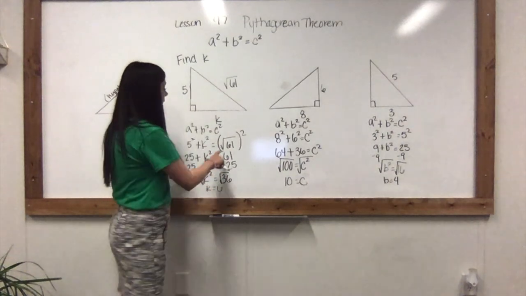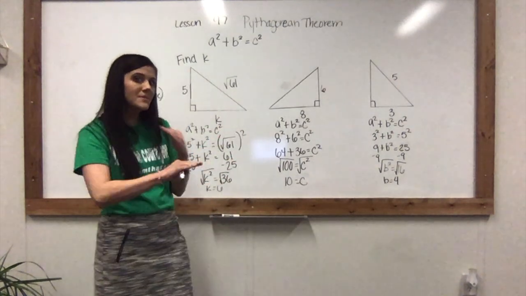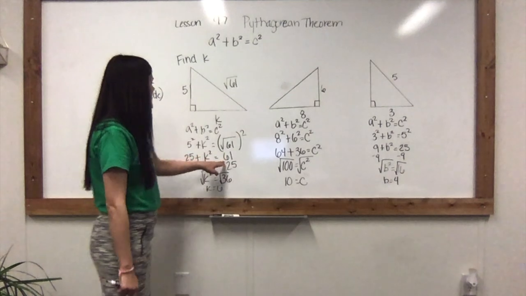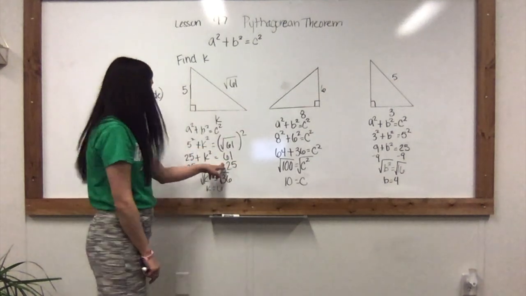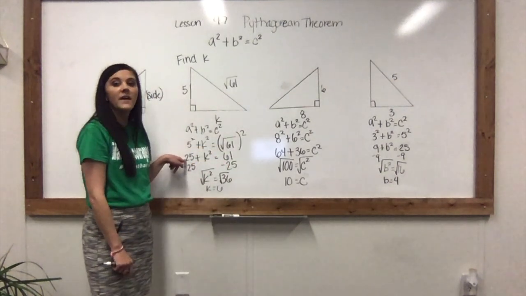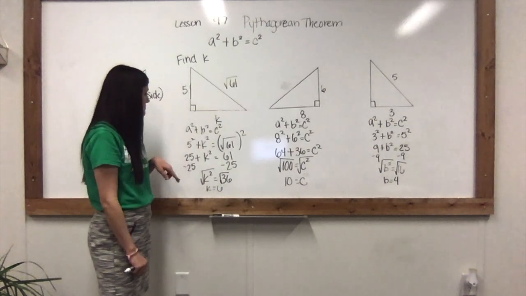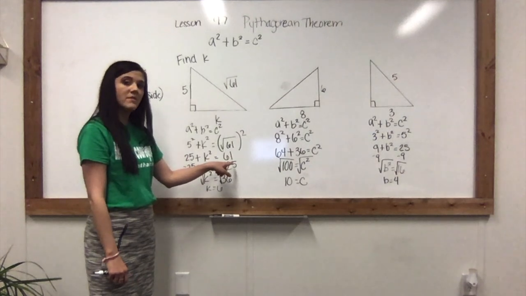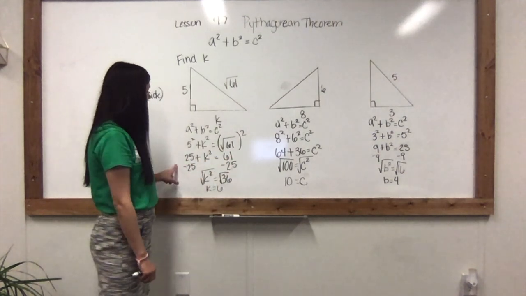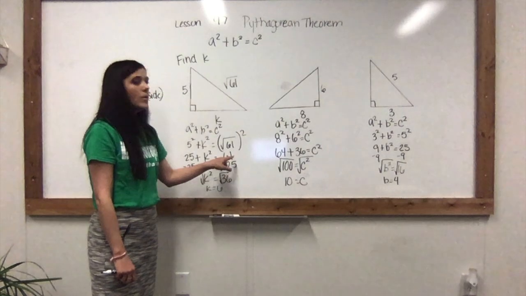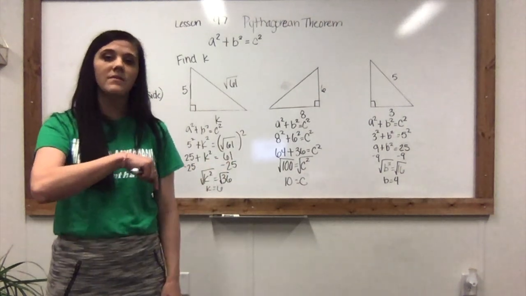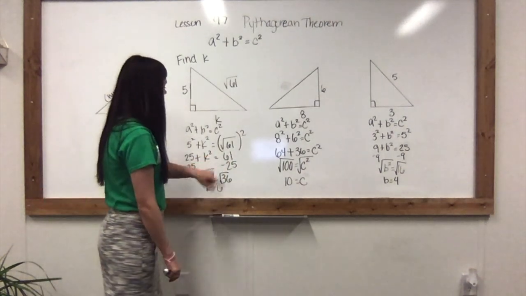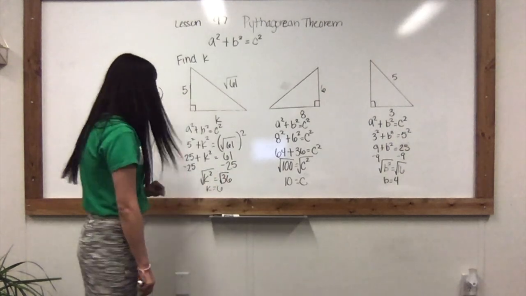When I square the square root of 61, I end up with just 61 because those two are going to cancel out. 5 squared is going to give you 25. Now I'm going to move this 25 over to the other side. When we subtract 25 from this side, we must also do the same to the other side of the equation. So 61 minus 25 will give you 36.